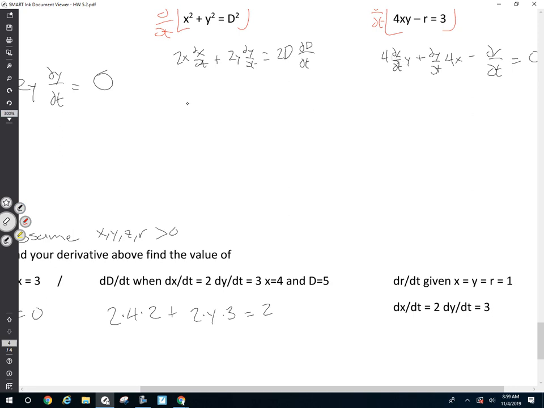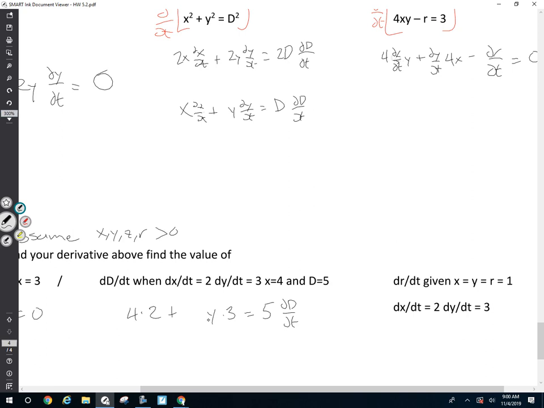I forgot about this. You could divide everything by 2 here. Makes it a lot nicer. Get rid of that 2, get rid of that 2. 2 times d, which is 5, times dd/dt.